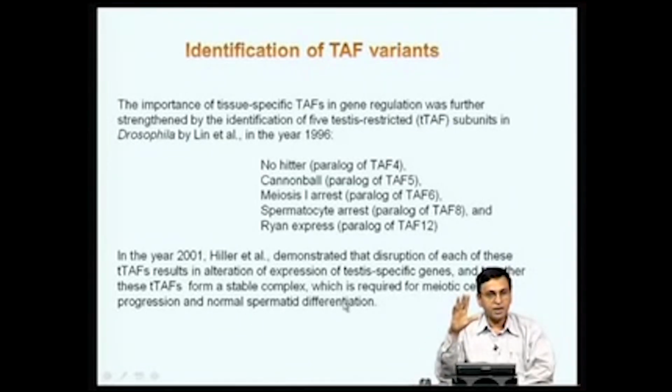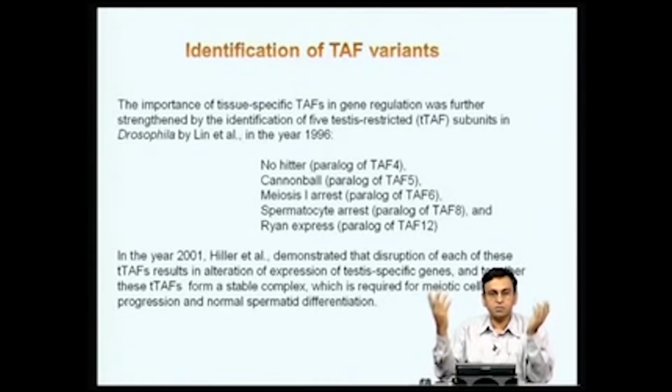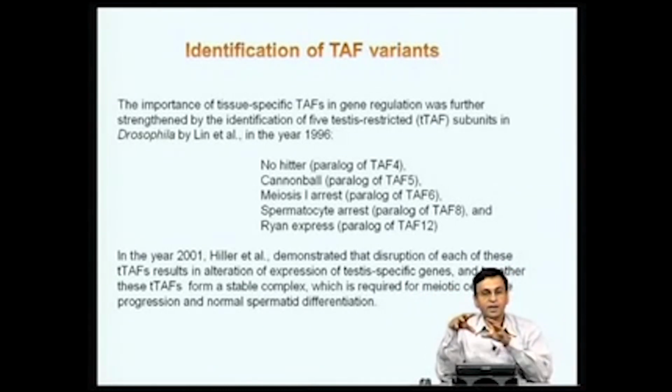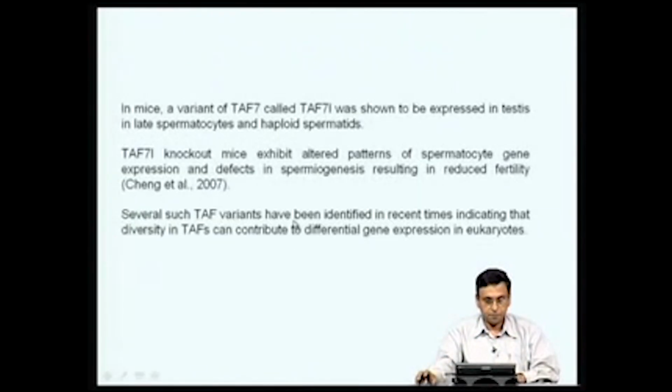So, you can already see how the TAFs which were actually discovered as general transcription factors required for transcription of all the eukaryotic protein coding genes, it soon became clear that there are certain TAFs which are actually expressed only in certain tissues or certain cell types, and they also are involved in regulation of only certain specific genes involved in a specific physiological process.